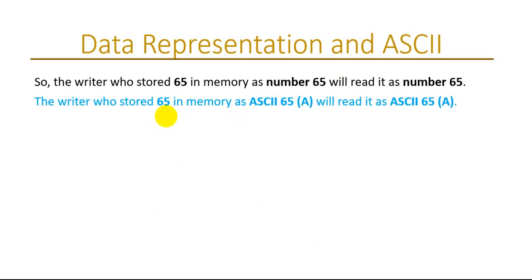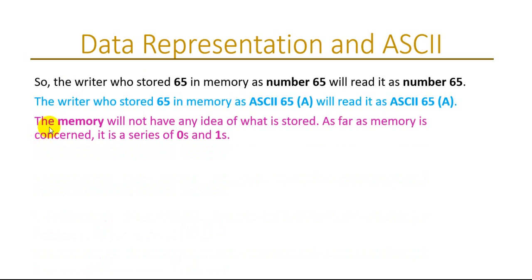And since the memory doesn't allow anything else to be written, it's in binary. Both are writing 65. If you look at the memory, both of them will have the same zeros and ones, which is the 65 in binary. But the first person wrote it as a number, so he will read it as a number. The second person wrote it as ASCII, so he will read it as ASCII.